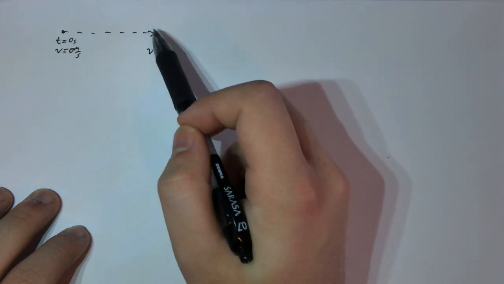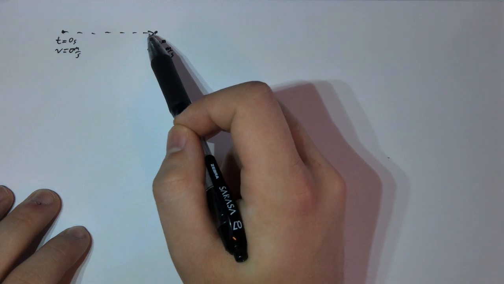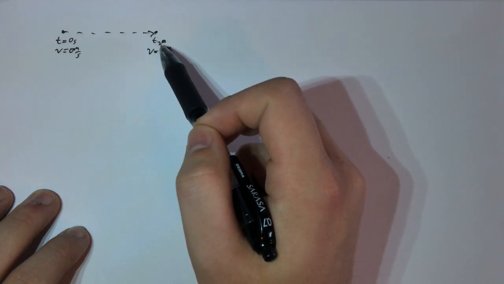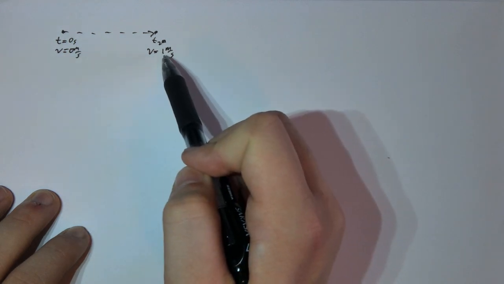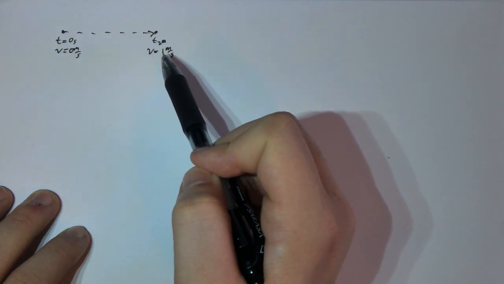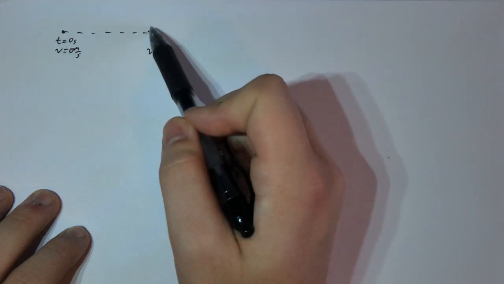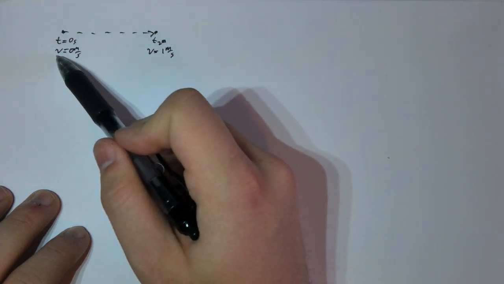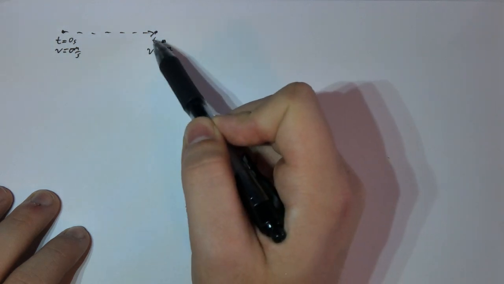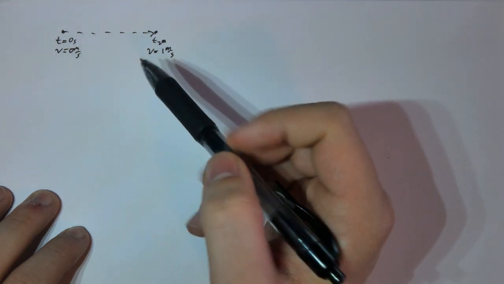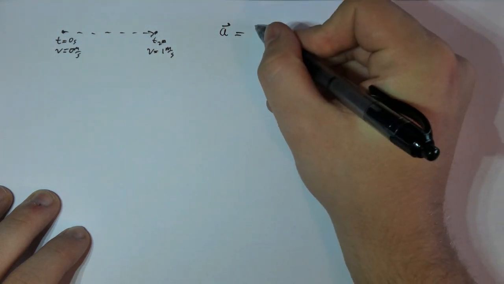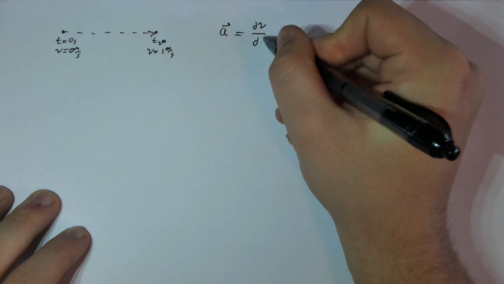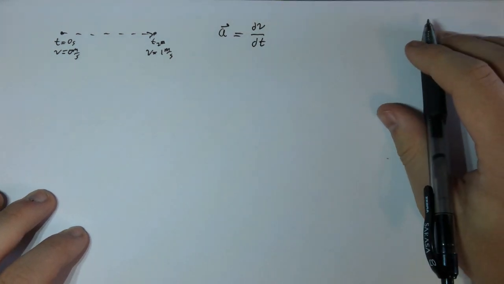So over the course of this range of t2, this velocity changed. And so not only did the position change with time, which is velocity, but the velocity also changed with time. And so acceleration is not how our position changes, but how our velocity changes with time.